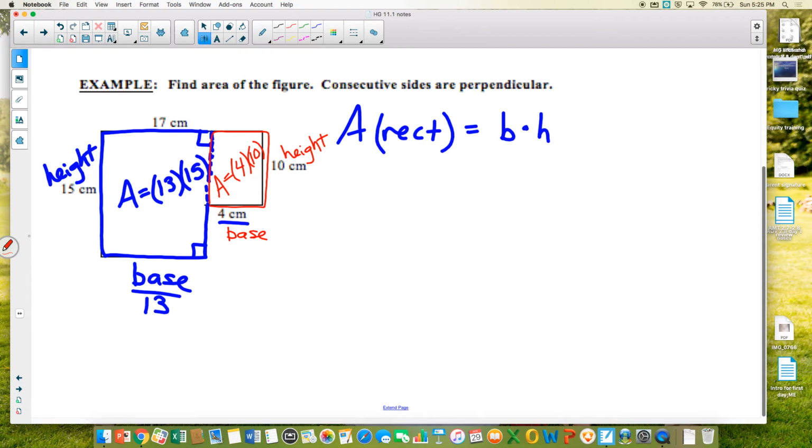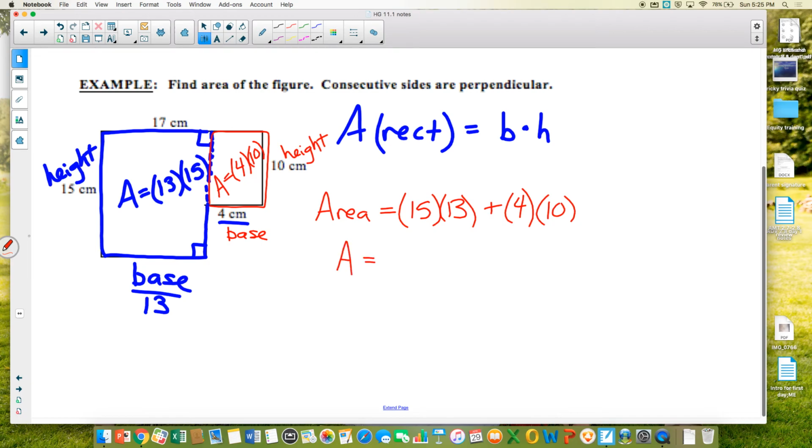If we put this all together, the area of this shape is equal to 15 times 13, not 3, plus 4 times 10. And again, this is using the area addition postulate.